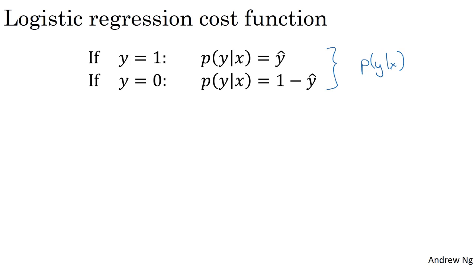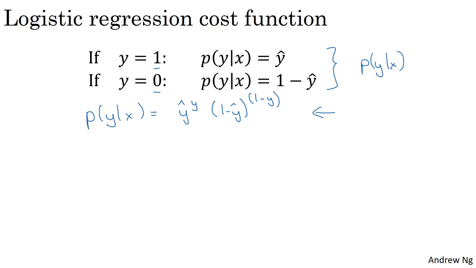Just to point out, y has to be either 0 or 1 because we're in binary classification, so y equals 0 or 1 are the only two possible cases. Let me just write out what it looks like, then we'll explain why it looks like that. It's y hat to the power of y times 1 minus y hat to the power of 1 minus y. So it turns out this one line summarizes the two equations on top.